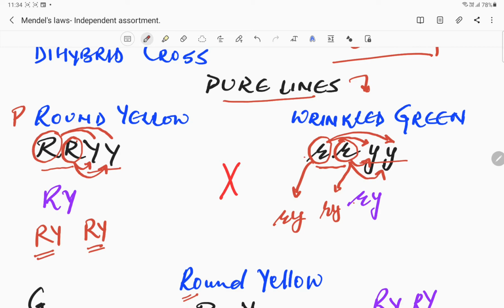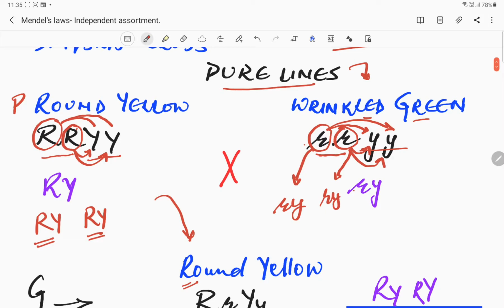All the recessive traits had vanished. They had disappeared in the first generation of offspring, and that is observed even here. The dominating traits, which are round and yellow, are expressed in the first generation, and the recessive traits, which are wrinkled and green, are absolutely absent here.